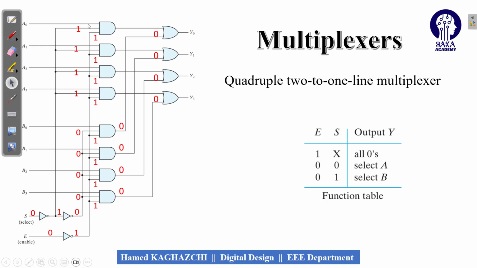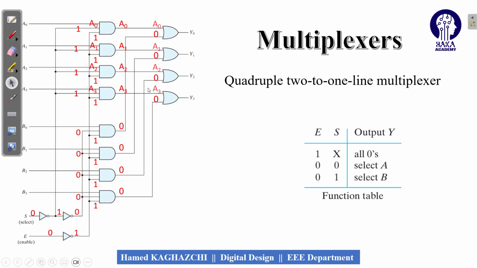So it means that we have to wait until A0, A1, A2 and A3 come. Now, what is the output of this gate? A0, 1, 1. A1, 1, 1 up to the end means that in the output of the AND gates, we will have A0, A1, A2, and A3.